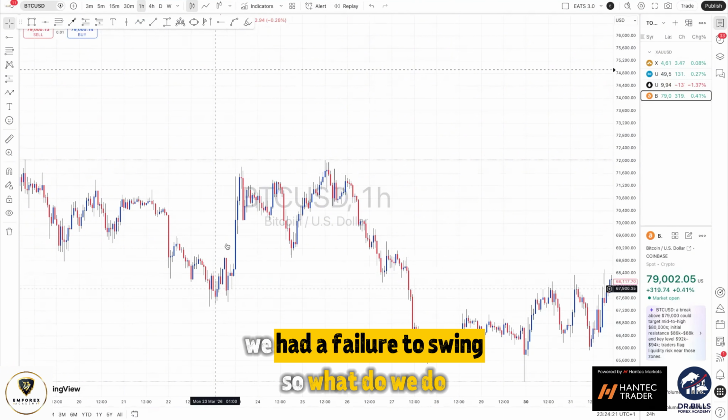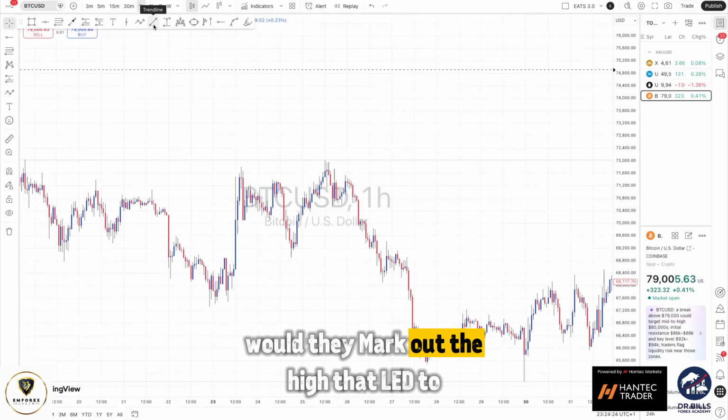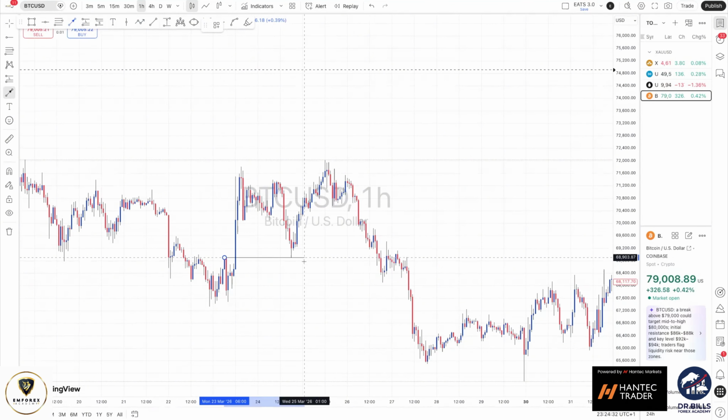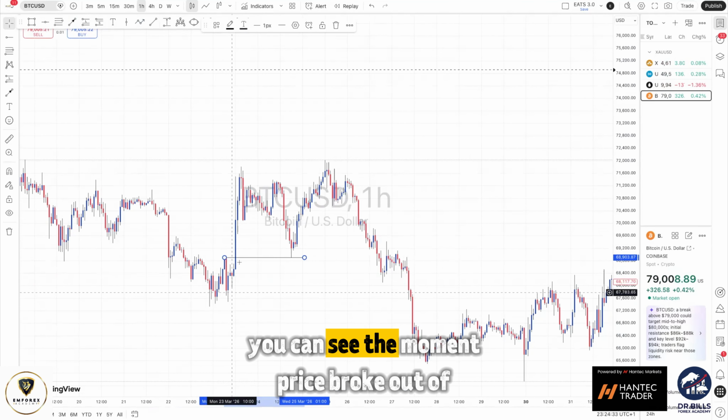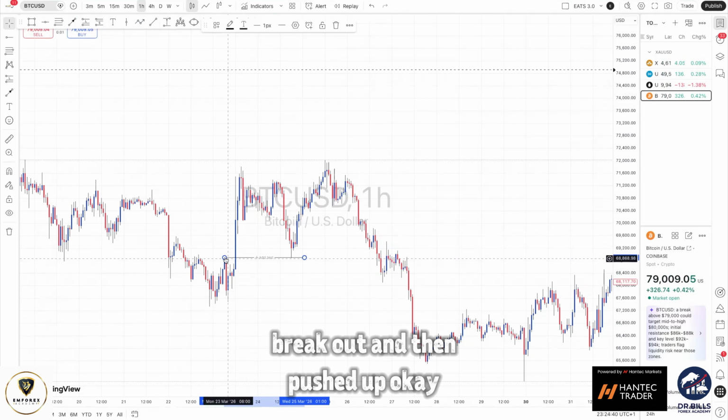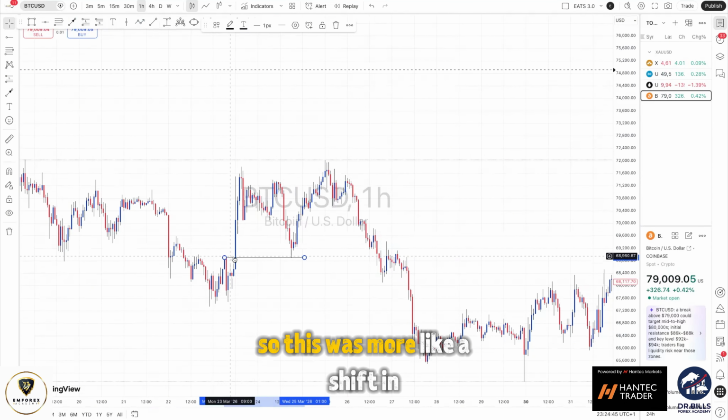So we then mark out the high that led to that failure to swing, which is this high here. You can see the moment price broke out of it impulsively, it pulled back, retested the breaker, and then pushed up. So this was more like a shift in structure.